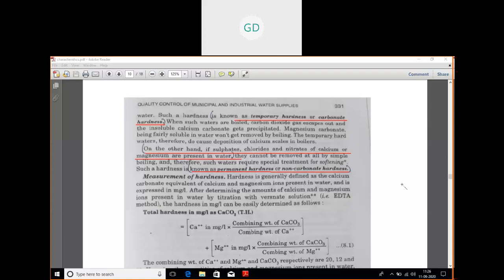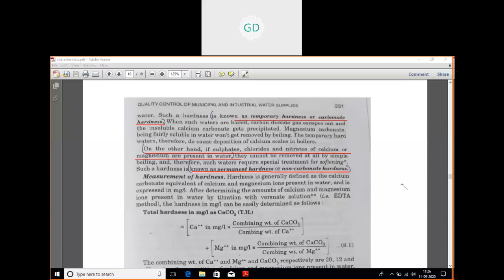You need to remember these two lines. For temporary hardness, bicarbonates and carbonates of calcium and magnesium salts are present, and in permanent hardness, sulfates, chlorides, and nitrates of calcium or magnesium salts are present in water.